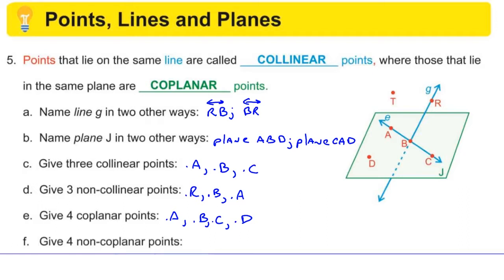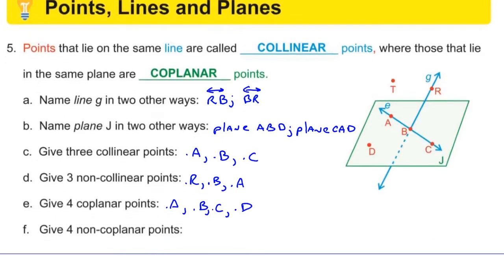All right, how about F? How about 4 non-coplanar points? To do non-coplanar points, you always want to pick 3 points in a plane and 1 point that's not. So hang with me on this one. I'm going to choose 3 points that are in the plane.